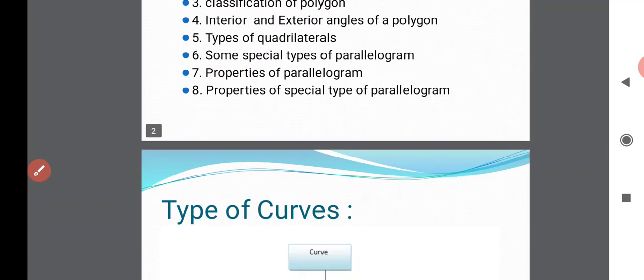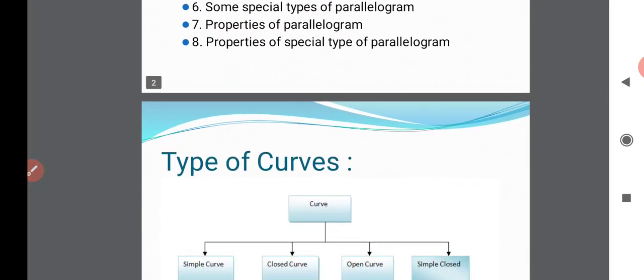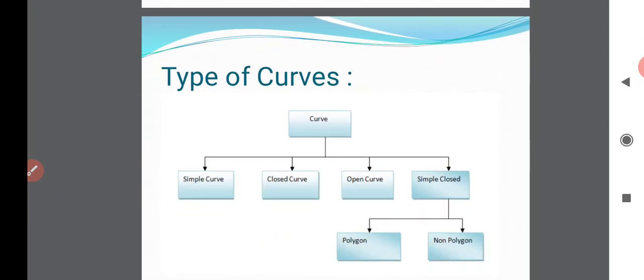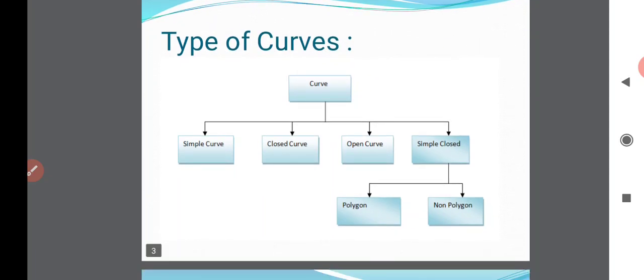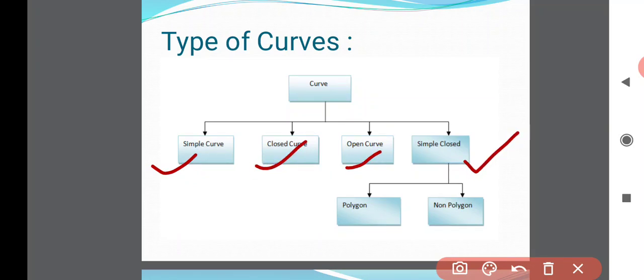Let's begin with the curve. We have different types of curves: simple curve, closed curve, open curve, simple and closed curve, and further simple and closed curve is divided into two parts: polygons and non-polygons.